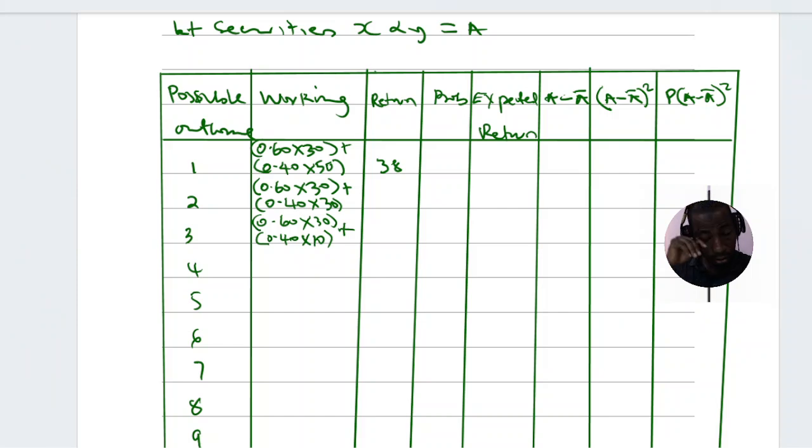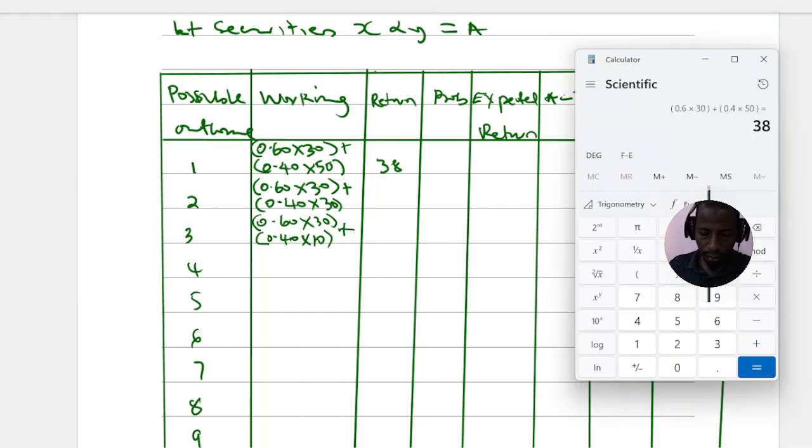The second one: open a bracket, 0.6 multiplied by 30, close the bracket, plus open a bracket, 0.4 multiplied by 30, close the bracket, equal, that's 30.